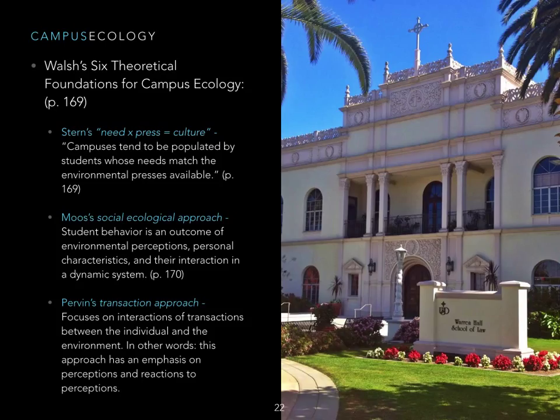Let's move on to Moos's social ecological approach. It says student behavior is an outcome of environmental perceptions, personal characteristics, and their interaction in a dynamic system. What this means, at least to me, is that the student might look at their school, or their particular learning environment, as a really great learning environment.